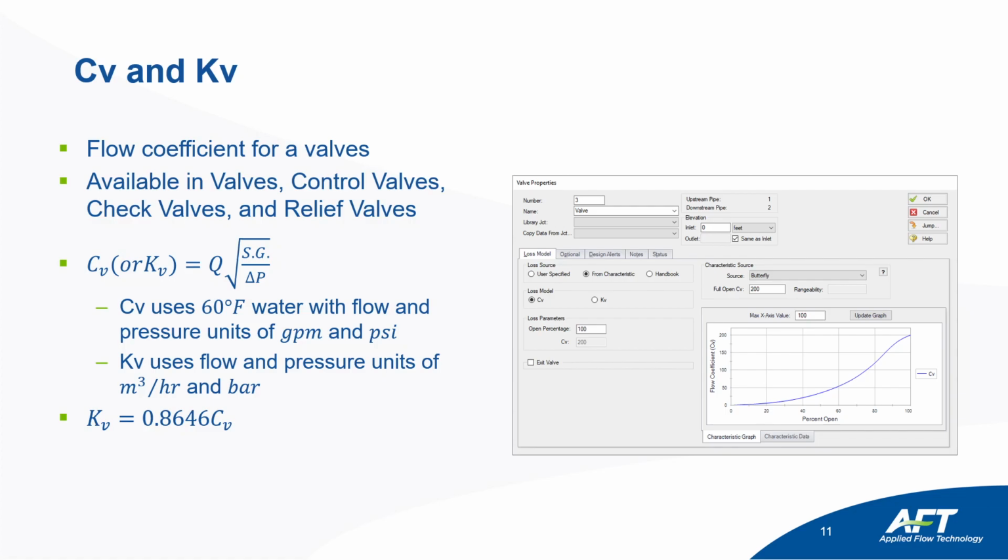times the square root of the specific gravity, taking that density of the fluid you're working with into consideration, over the change in pressure. Now, CVs are very particular in how they're measured. If you go and read in detail, they say you have to use 60-degree Fahrenheit water with a 1 psi pressure drop between the inlet and the outlet, and then you measure the flow rate.